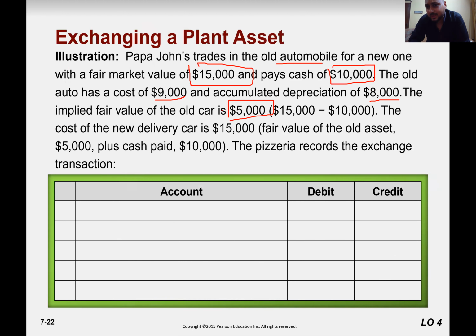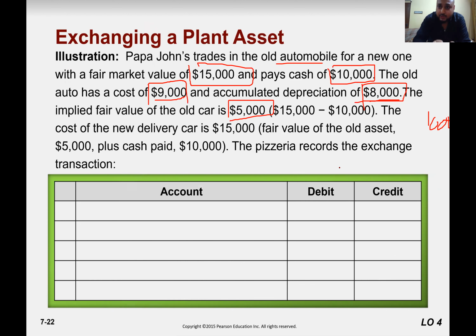But did you notice something here? Your book value was only 1,000. Why? Because cost was 9,000 and how much have you used? 8,000 you have used. So according to you, the value of the old car is going to be $1,000.